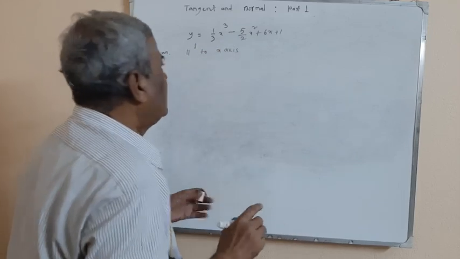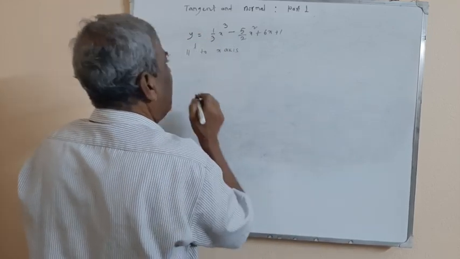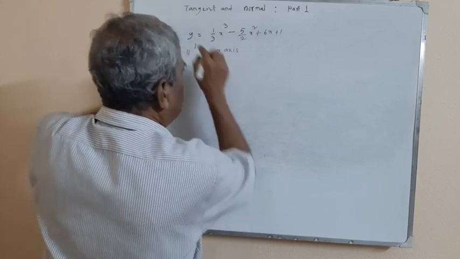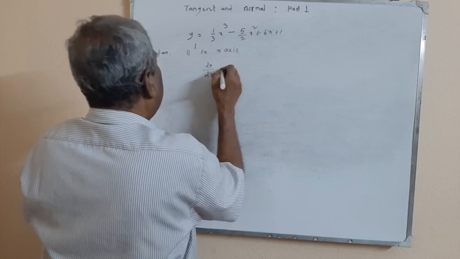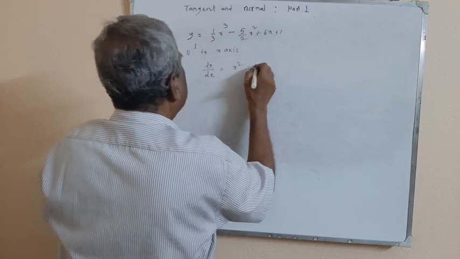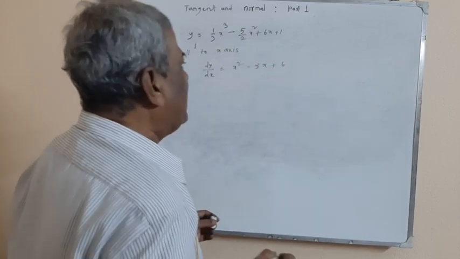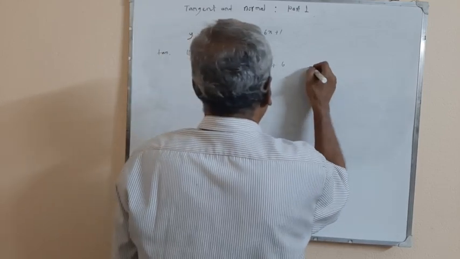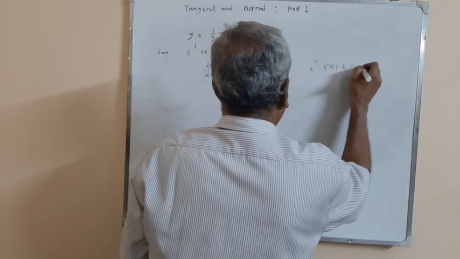So it is given. Now the gradient of the tangent of this curve can be obtained from dy/dx is equal to x square minus 5x plus 6. So as per condition, x square minus 5x plus 6 is equal to 0.